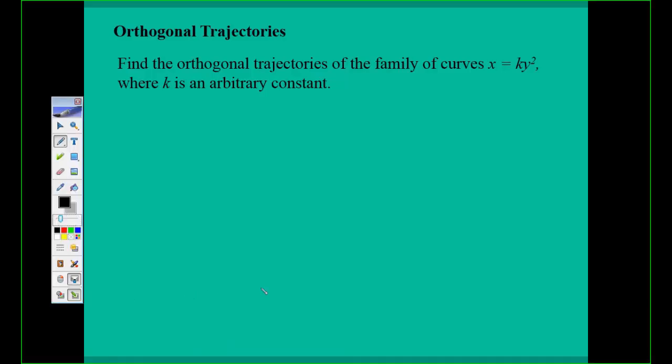We know that orthogonal trajectories intersect at a 90-degree angle at the points of intersection. Let's find the derivative of this equation first of all and look at the slope of the tangent lines.